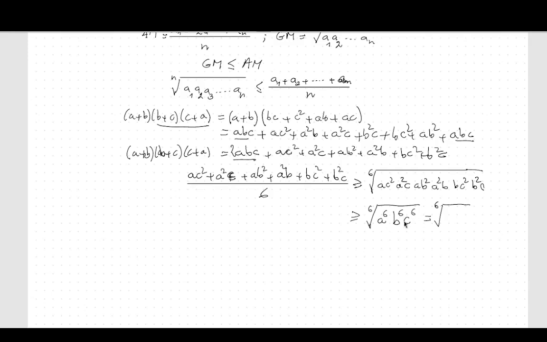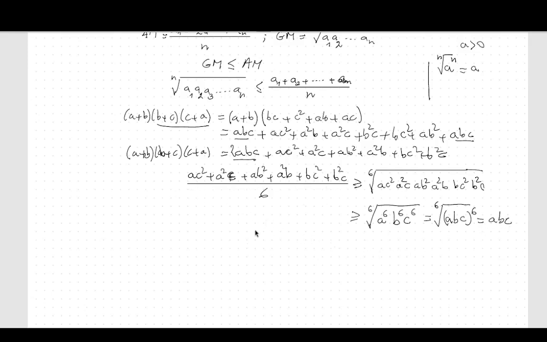Since this is a product of 3 numbers that have the same power, we have the product of the numbers to the power 6 under the root. Let's remind ourselves that the nth root of a to the n is equal to a, when a of course is positive. So we have this equal to abc.